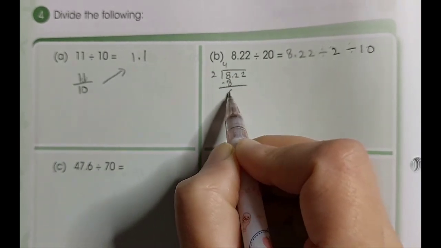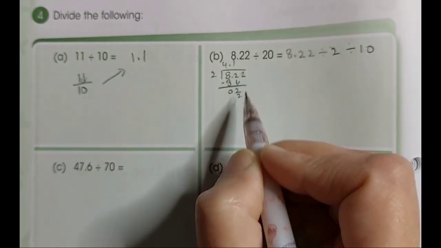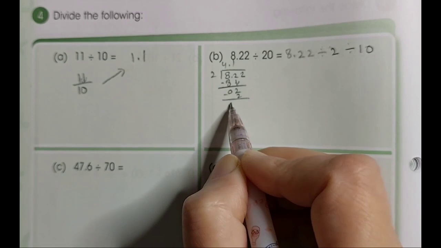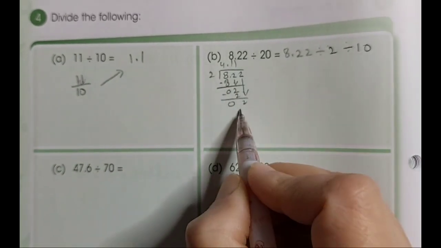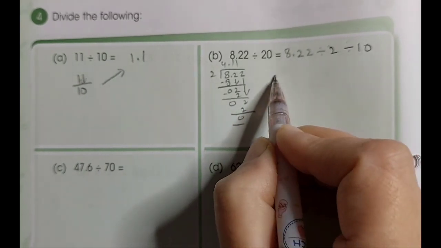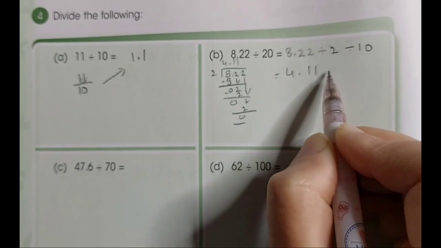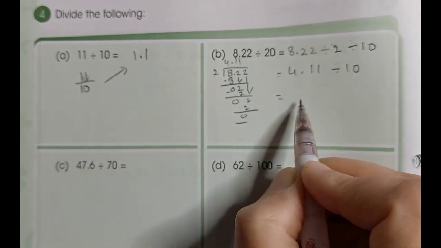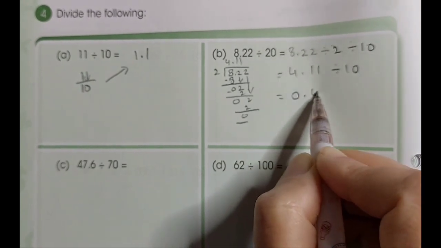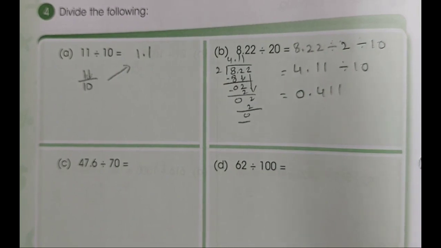Okay. Now 0, carry down point here, 2 1s are 2. Again 0 and then 2, 2 1s are 2. Our quotient is 4.11 divided by 10. So we will move the decimal towards your left. It will become 0.411.